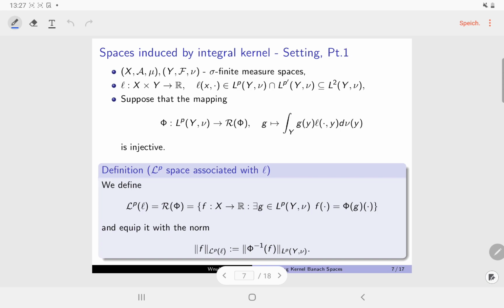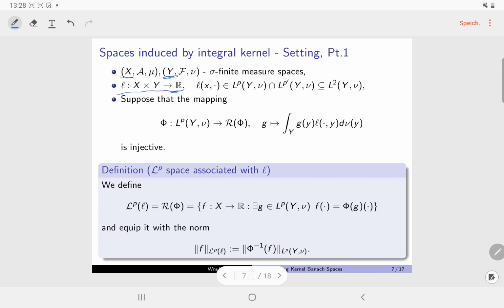We start with two measure spaces, X and Y, and as the title already suggests, we would like to have some integral kernel. So for us, an integral kernel is a function L which goes from X times Y into R, and we require that it has some regularity.